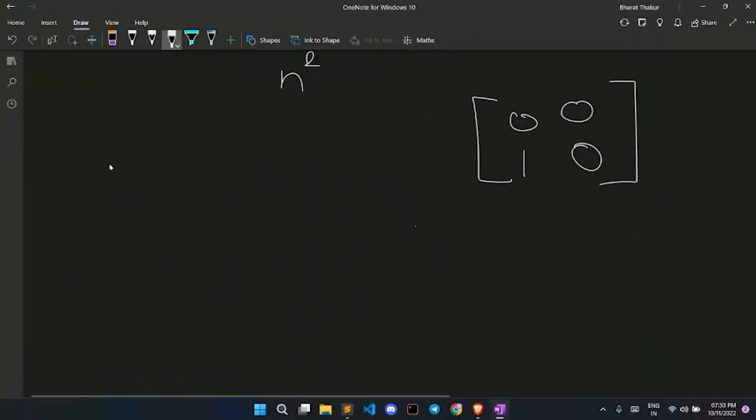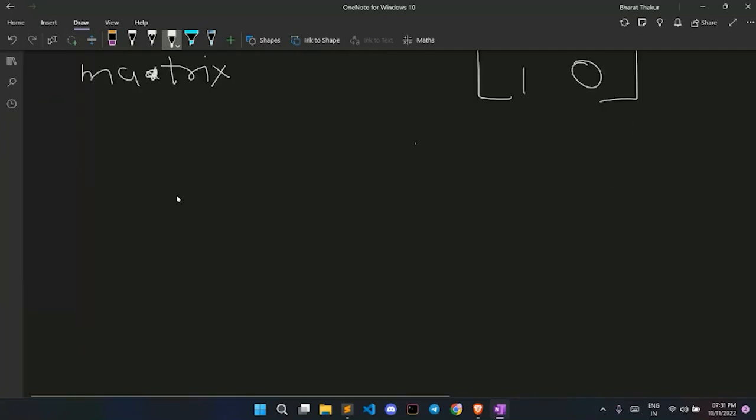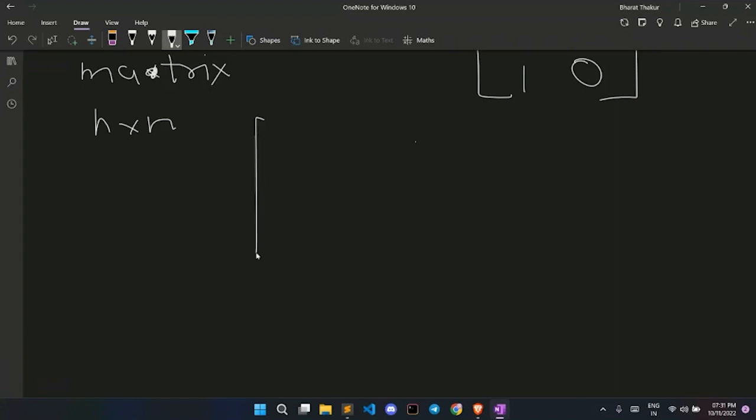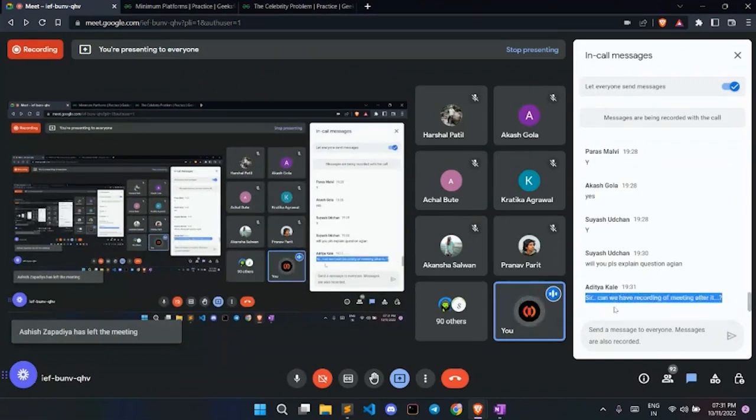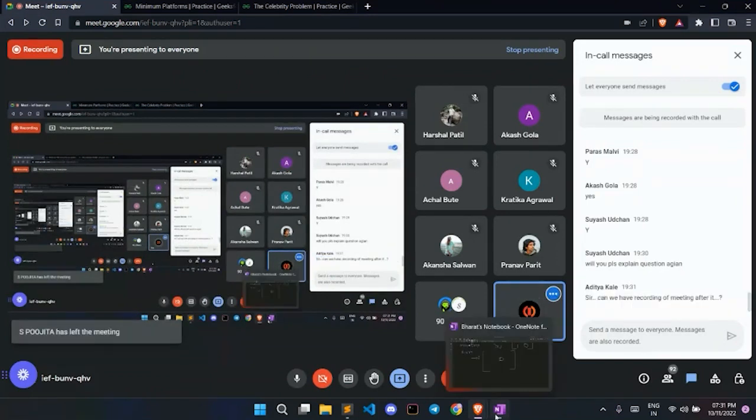See, the question is we are given a matrix which is n cross n, where n is the number of people we have, and if the value is 1 at any point, suppose for the ith row, jth value is 1, that means this ith person knows the jth person, and if the value is 0, that means this person doesn't know the jth person. Yes, we will share the recording with you.